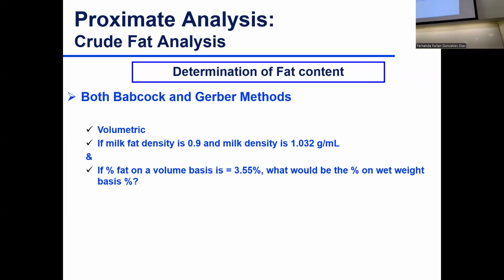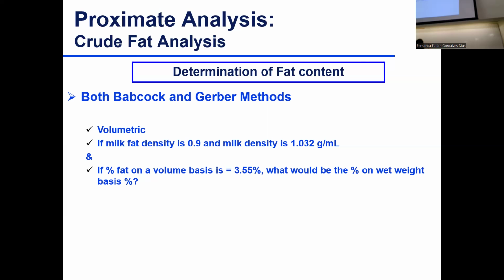Let's replace mass by volume times density, because I know my volume and I know my density. So volume of fat multiplied by density of fat, divided by volume of milk multiplied by density of milk.